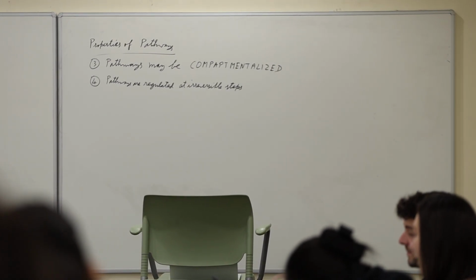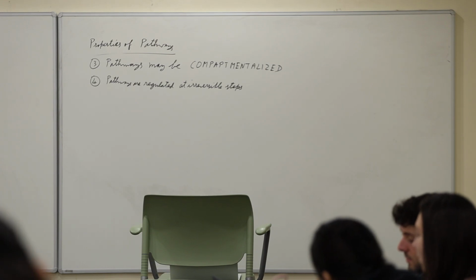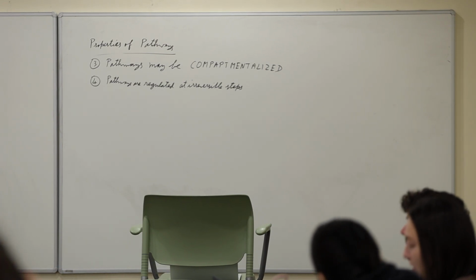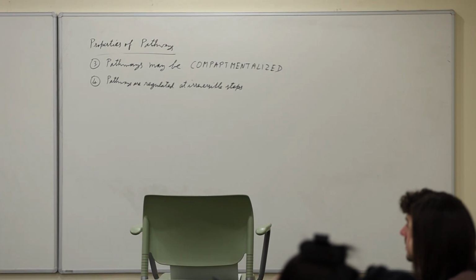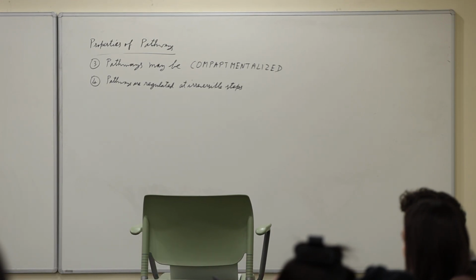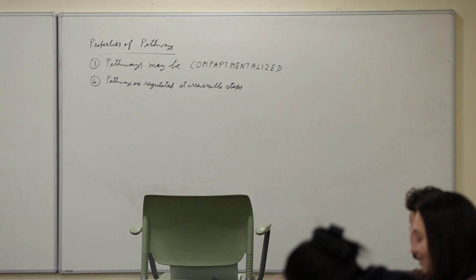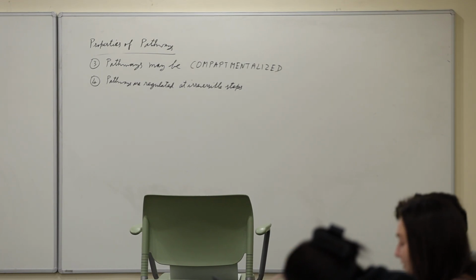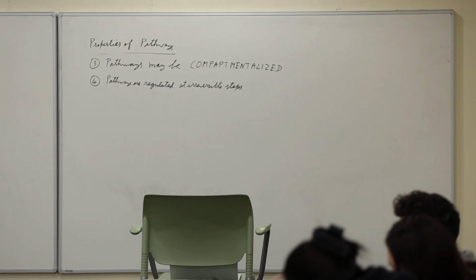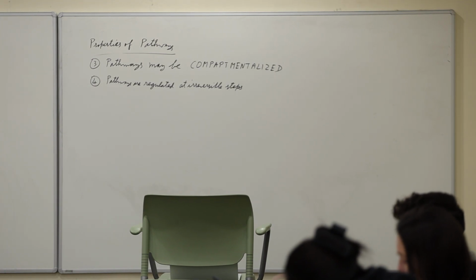So the third property of a pathway is that some pathways may be compartmentalized, which means they are happening in an isolated region, independent of what is happening somewhere else. For example, they can be compartmentalized at the organ level.